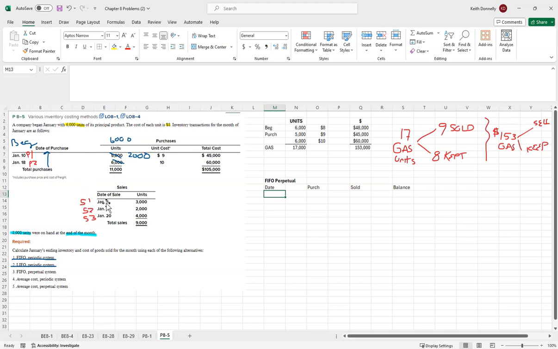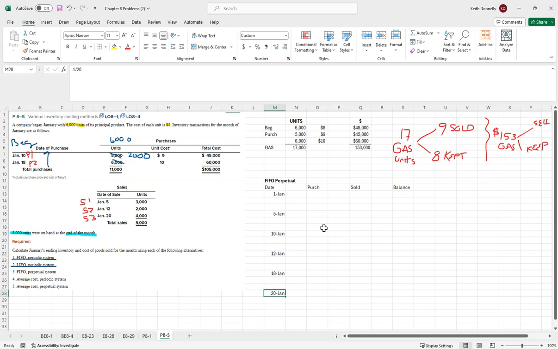Oh, then January 5th happens, then January 10th. So we're mixing and matching on all of these, right? So we got 1/1, beginning, right? We got 1/5, we got 1/10, we got 1/12, we got 1/18, and then we have 1/20, right? So we're going to analyze these one by one.